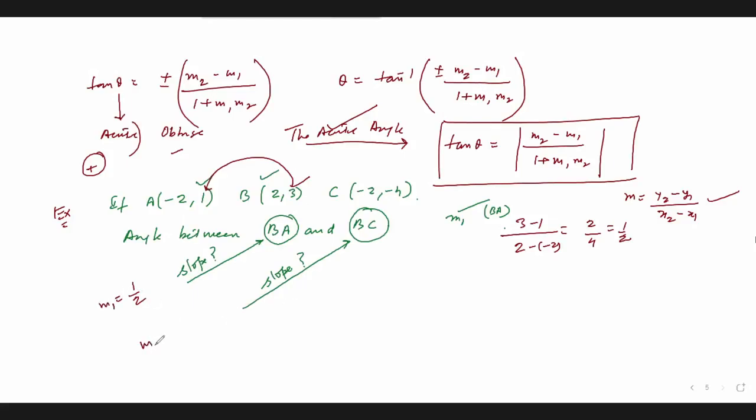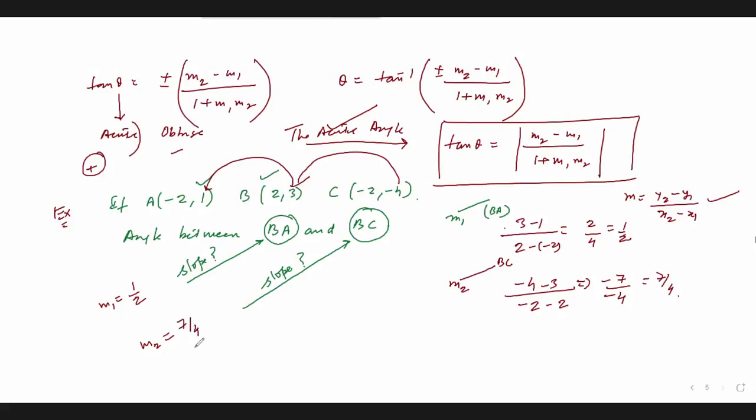Now the slope of line BC, that is M2. Again I will calculate: minus 4 minus 3 divided by minus 2 minus 2. That means minus 7 divided by minus 4, which is 7 by 4. So the slope of the other line is 7 by 4.